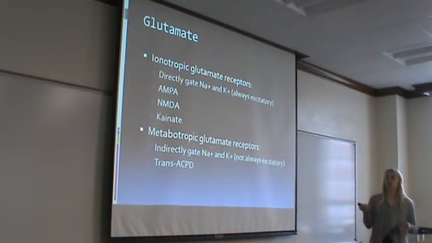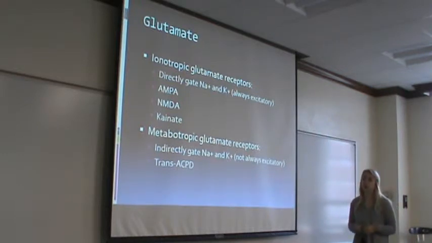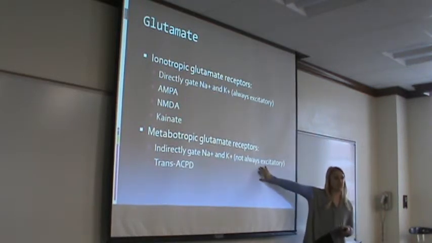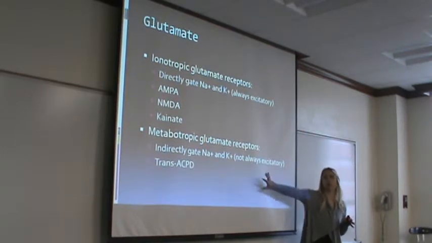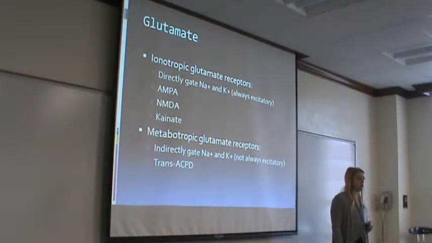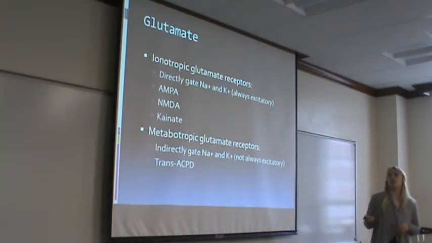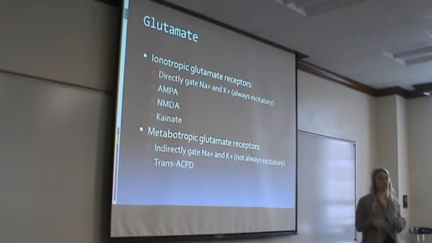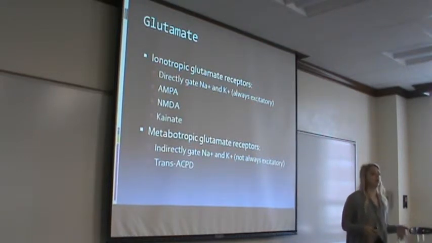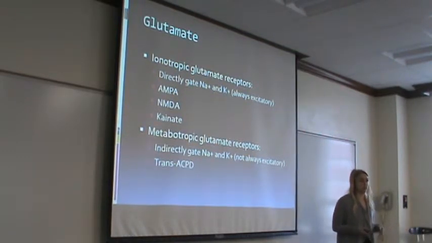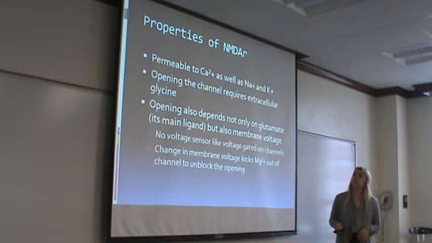But if you were to be asked something about a metabotropic glutamate receptor, remember this is going to be indirect gating, and that's about as specific as your knowledge needs to be for metabotropic glutamate receptors. So while you're studying, in addition to what we're talking about now, the things that you guys spent a lot of time on are probably going to be the things that the exam's going to focus on, right?